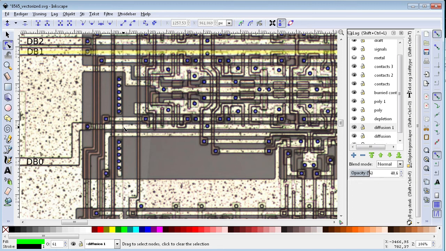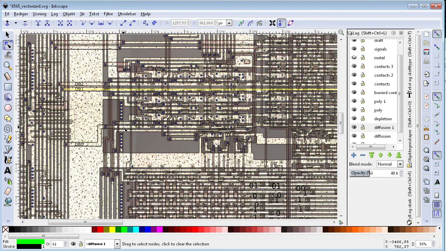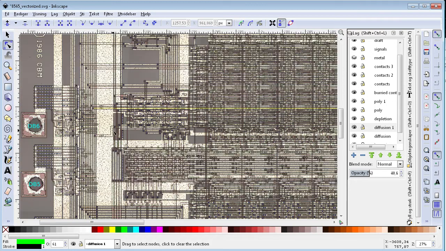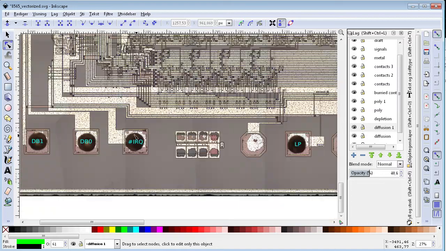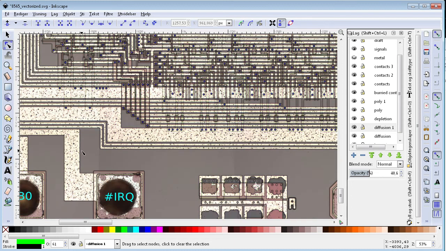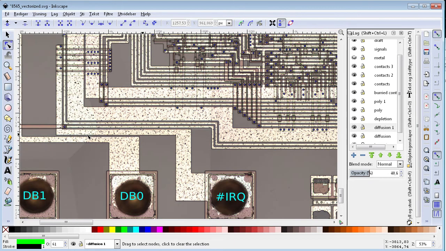So let's make another strategy here. Remember it was here. Okay. Let's get down to the IRQ and see where that goes. Okay, so you have IRQ and it goes over here.